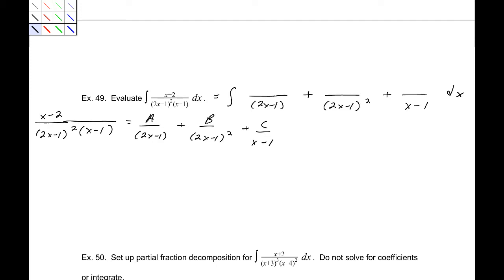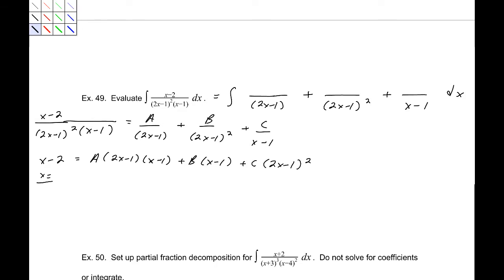All right, canceling out our denominators, multiplying that across, one of those cancels out. So a times 2x minus 1 times x minus 1. You're going to have more pieces in here. Now with b, the 2x minus 1 squared cancels, so we have x minus 1. And with the c, we get 2x minus 1 squared.